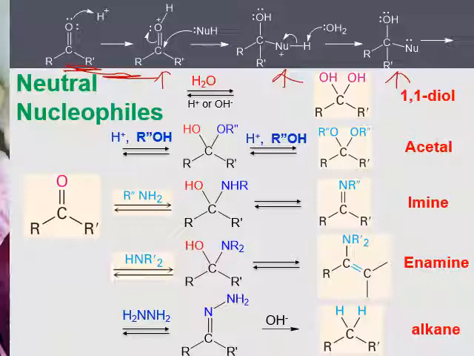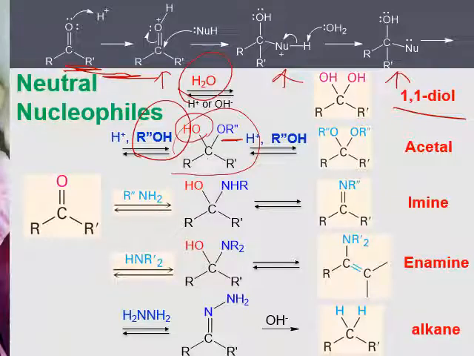depend on the reactants. When ketones or aldehydes react with water under acidic conditions, the product is a 1,1-diol, or geminal diol. When ketones or aldehydes react with alcohols under acidic conditions, first it forms a hemiacetal, where one alkoxide adds to the carbonyl carbon and the carbonyl group becomes a hydroxy group.